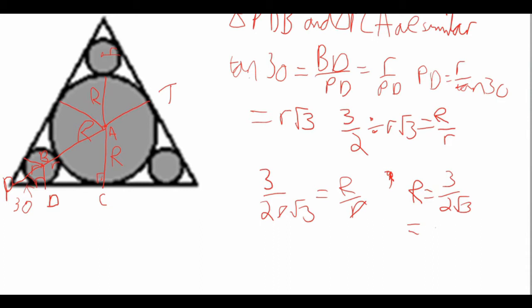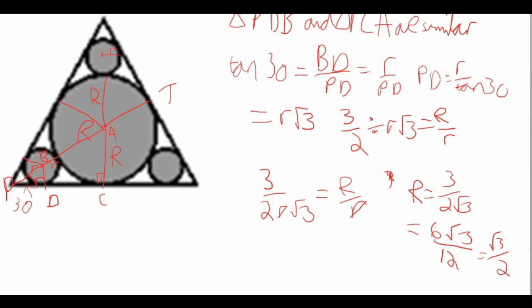If we then times both sides by 2 root 3, this will give us 6R is equal to 6 root 3 over 12, which is equal to root 3 divided by 2.